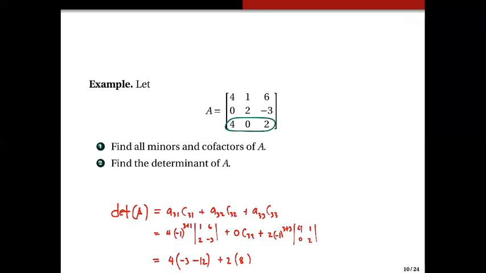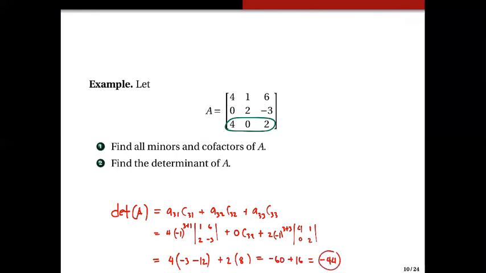So if we simplify this, we have negative 3 minus 12. That's negative 15 times 4, that's 60. Or negative 60 plus 8 times 2, that's 16. And this is equal to negative 44.